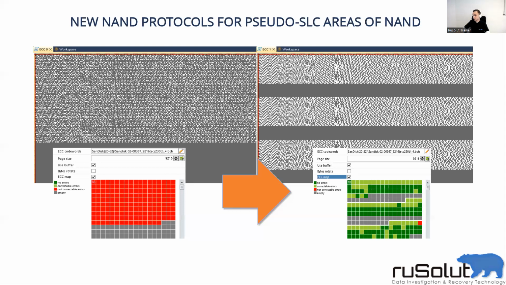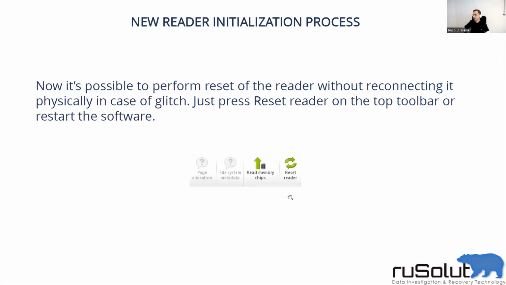You can clearly see that for now, SLC blocks are read more cleanly, and ECC looks much better than in the case when we were reading such chips in standard mode. And at the moment, we can even correct such blocks without a reread procedure.